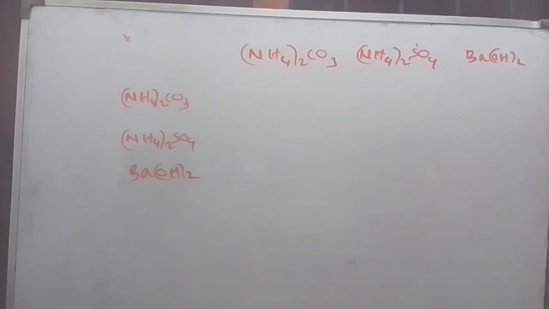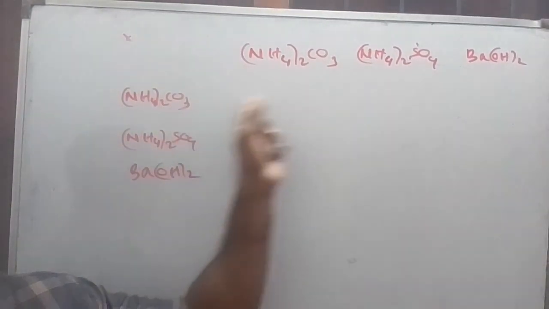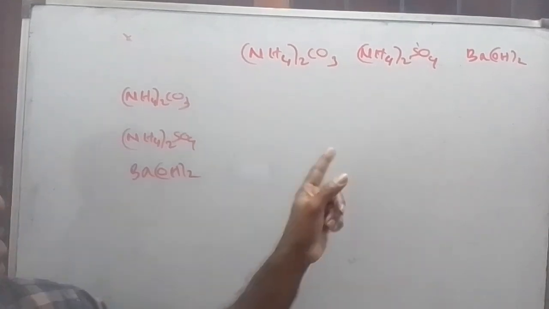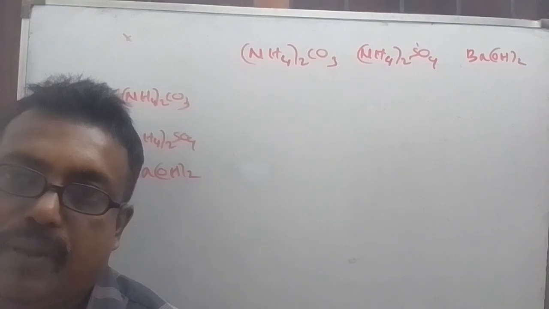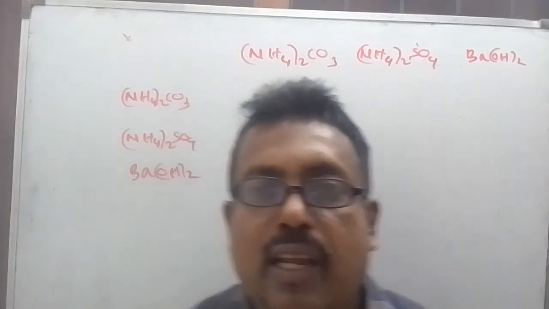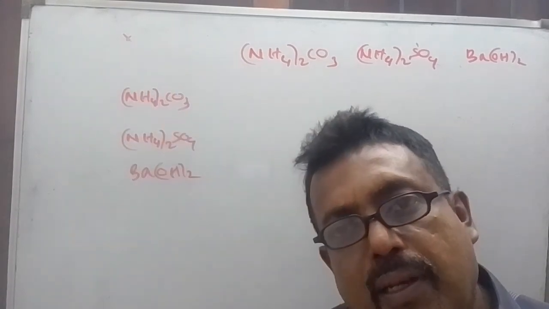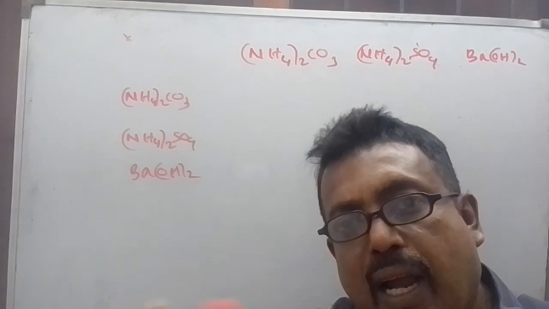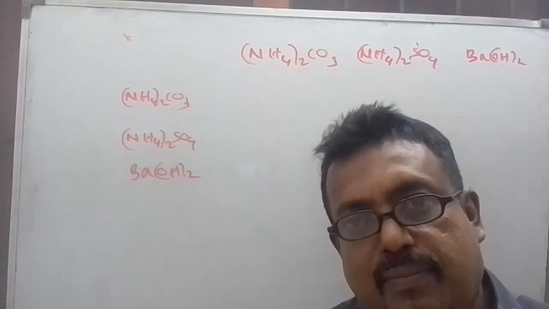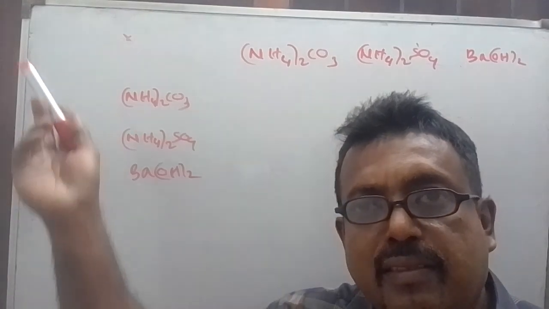Now you are going to write the observations regarding these pairwise mixings. You need to understand the importance of making this kind of table. The importance is you can't miss anything by using this kind of table.